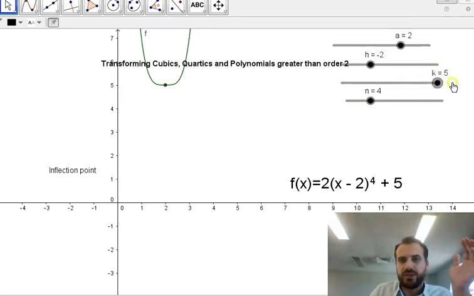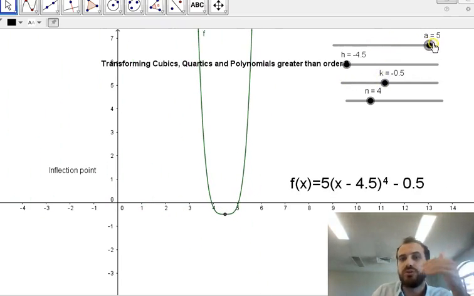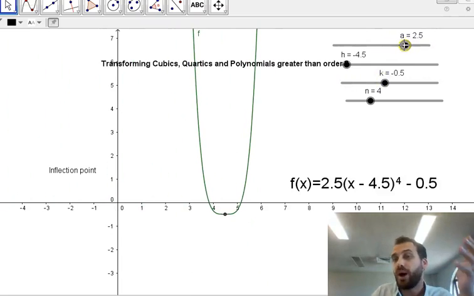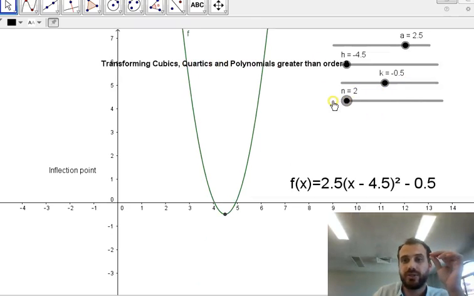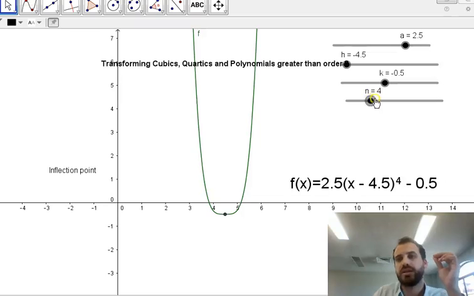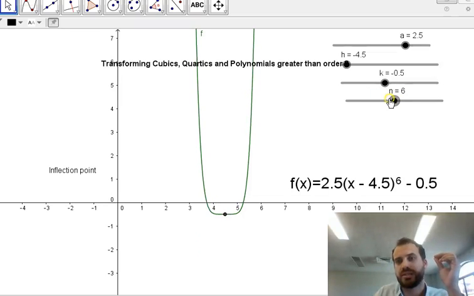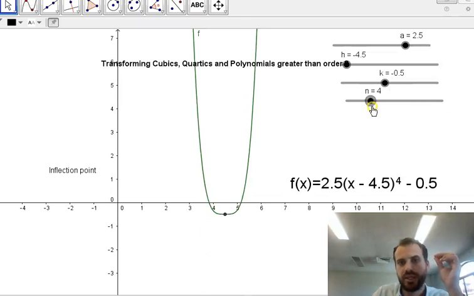All of the k values do what they're supposed to do, all of the h values do what they're supposed to do, all of the a values do what you already know that they're supposed to do. Now, that's cubics, that's quartics. Polynomials greater than that follow a similar pattern. So here's 2, here's 3, here's 4, here's 5, here's 6, 7, 8, 9, 10.